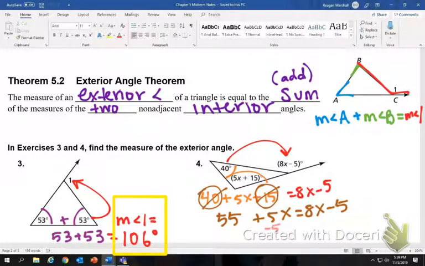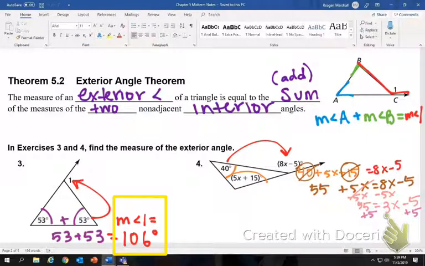Move the smaller x, which would be 5x. 55 equals 3x minus 5. I'm running out of room, so sorry. Add 5. I'm going to scooch everything. So the right still has 3x, the left says 60, and x equals 20.